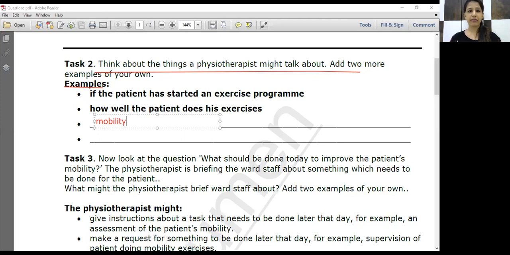Because it is a physiotherapist, they would be concerned, or they would be involved in aids as well, different support measures or aids that you may be providing to your patients. It could involve probably a wheel walker or crutches, or what sort of assistance the patient requires. Okay, and one more point. Can you think of one more point that would be discussed here?